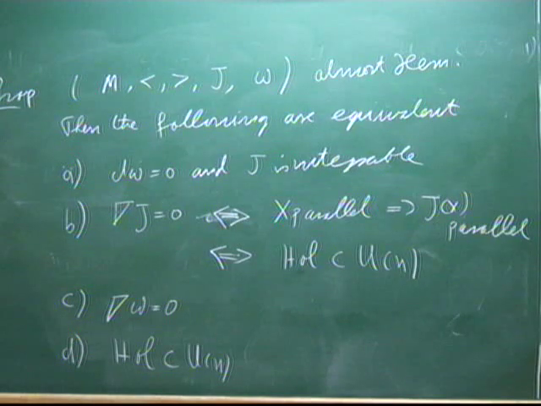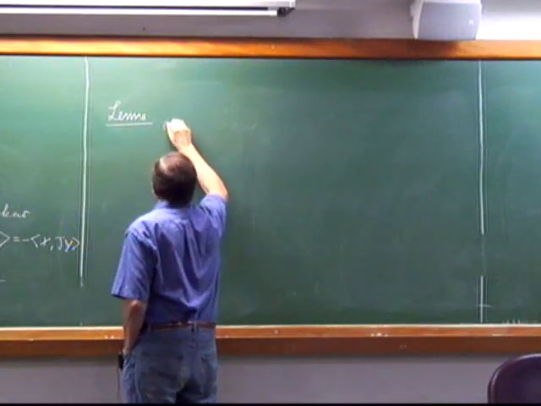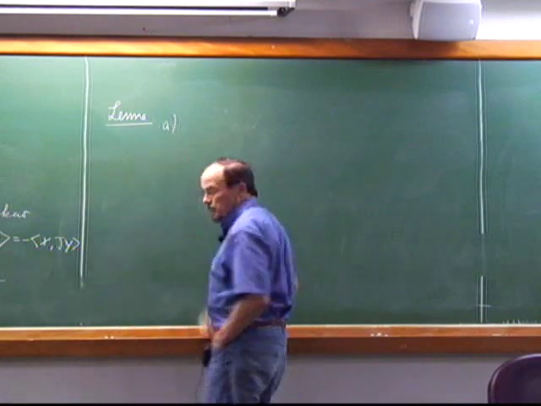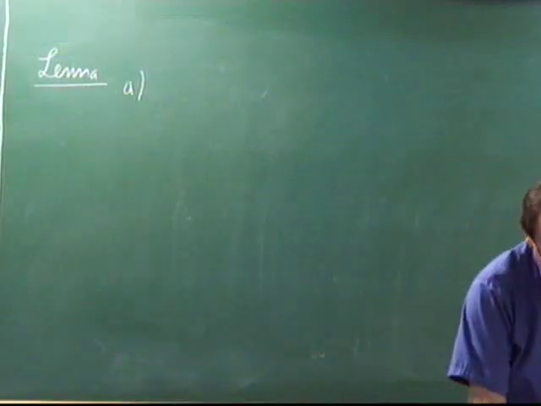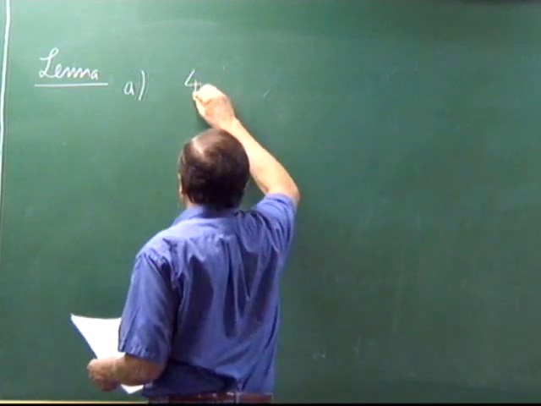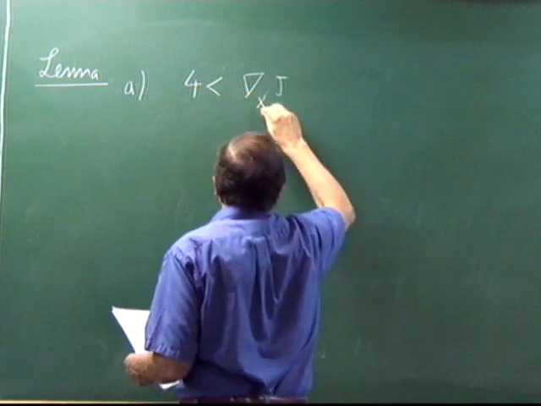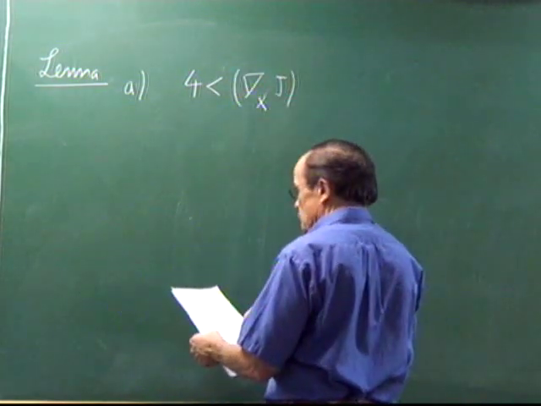For this one has to prove the following lemma. So a certain formula, maybe 2 parts. I can't remember the name, but it's a relationship between the covariant derivative of any complex structure compatible with a metric.